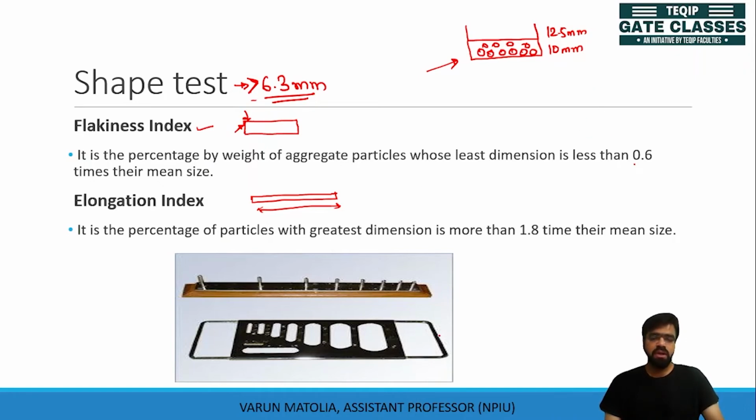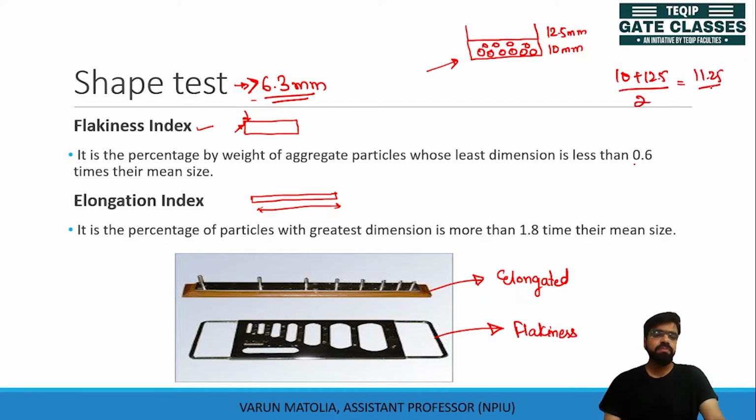Now this equipment is for testing the flakiness index or flakiness of particles, and this equipment is for checking elongated particles. Now the mean of this value is taken. Mean is 10 plus 12.5 by 2, this is 11.25, and it is multiplied by 0.6.